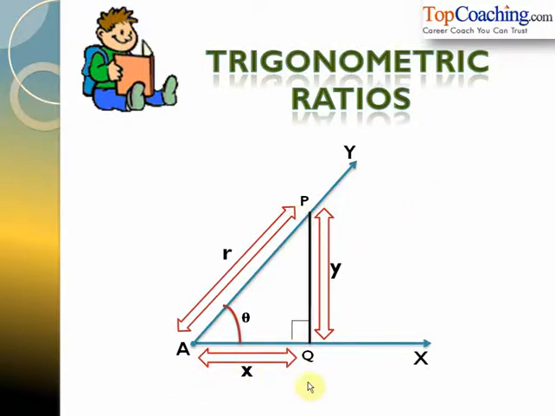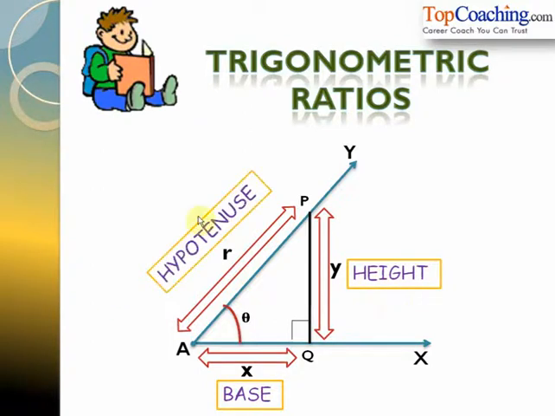Now, AQ represents the base of triangle PAQ, PQ represents the height of this triangle and AP represents the hypotenuse of the triangle.